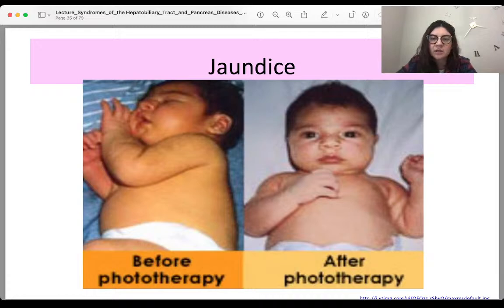Here you see an example. On the first picture, it is a child before phototherapy. You see that skin is a little bit yellowish. It is a normal physiological jaundice. And the second picture after phototherapy, you see absolutely normal color of skin.